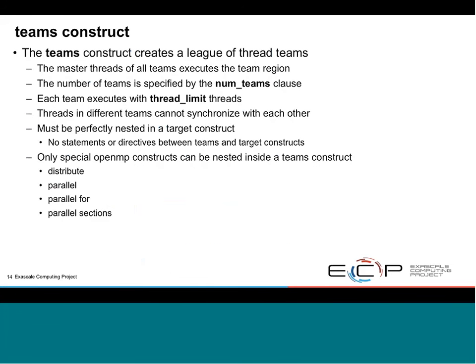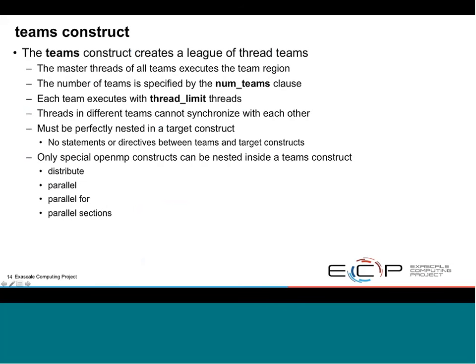As I mentioned before, we have the teams construct that creates a league of teams, and the user has the option of specifying how many teams you want to create, although the implementation can also pick up to that number.